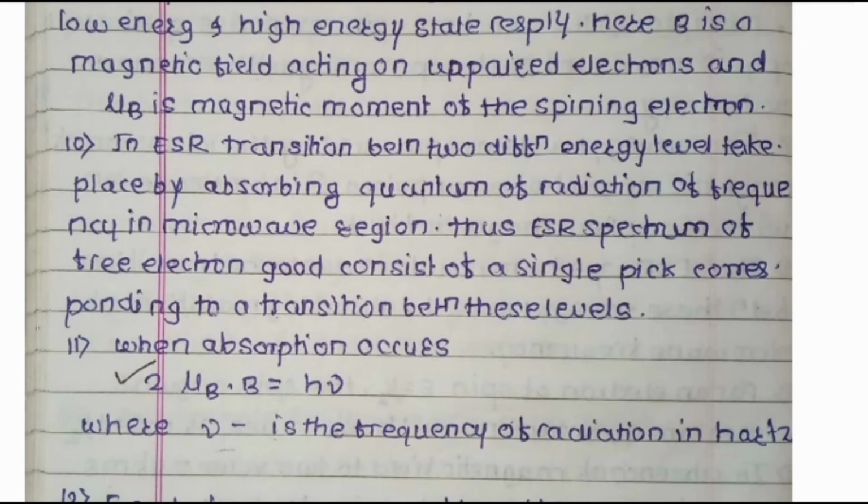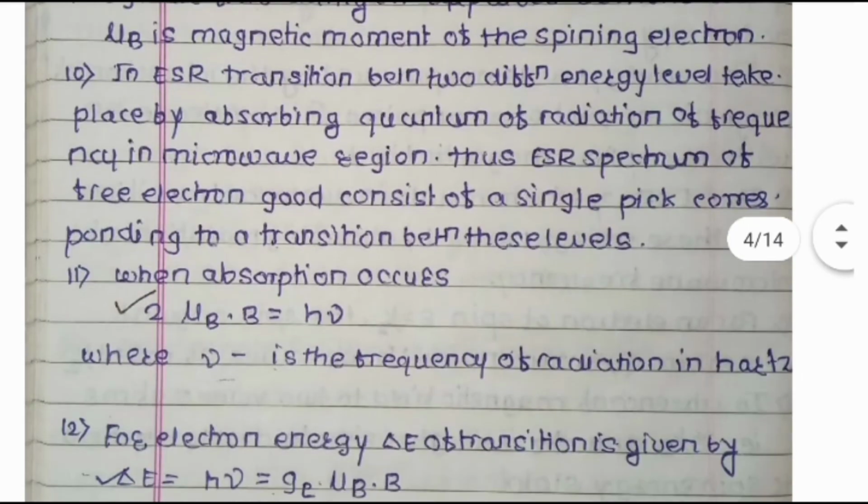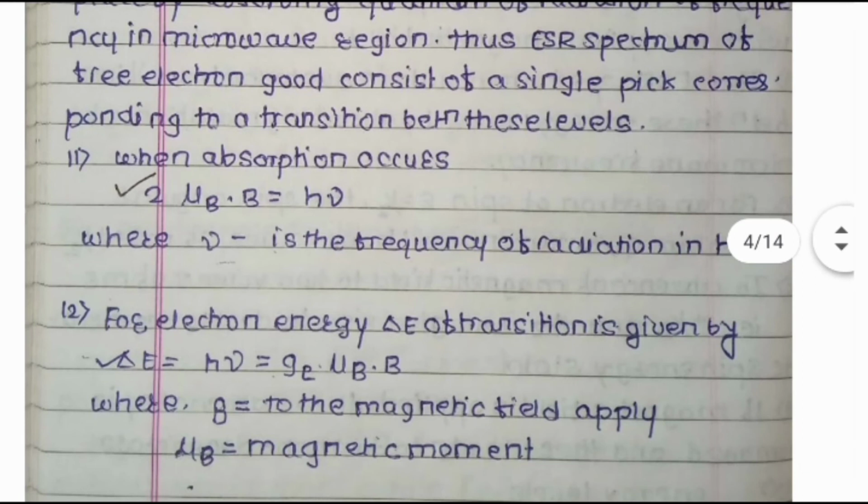The ESR transition between the two energy levels takes place by absorption of microwave radiation. Thus the ESR spectrum of the free electron consists of a transition between these two energy levels.